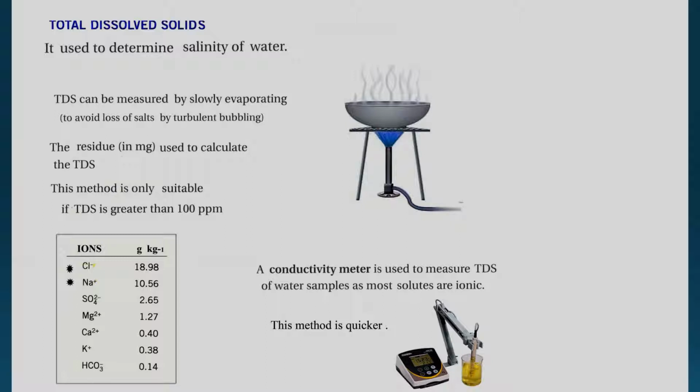The theory behind it is that ions conduct electricity. More ions means more electrical conductivity. What type of ion? As I say, 90% is going to be NaCl. So more ions, more conductivity, also indicates more NaCl.